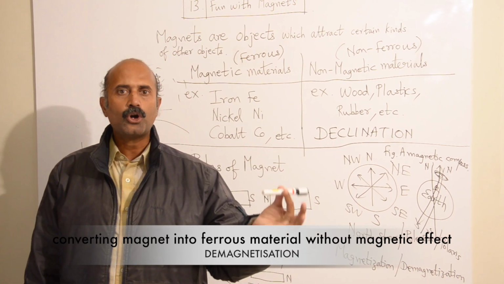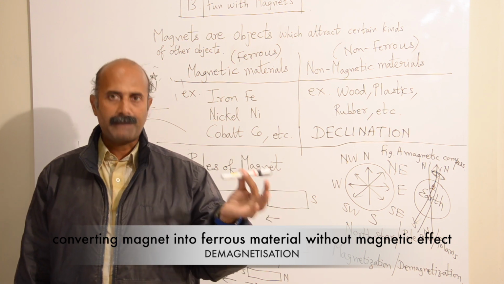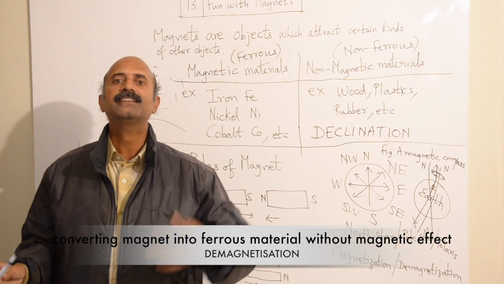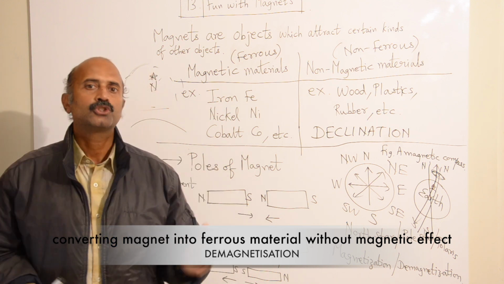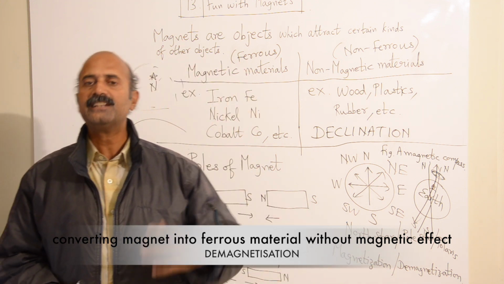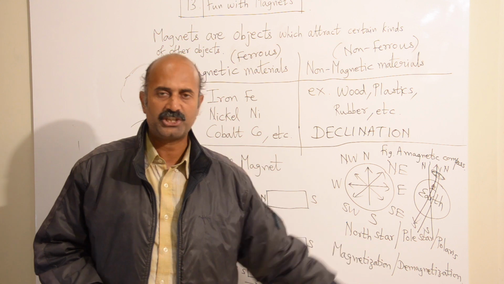And the process of converting the magnet back into a normal ferrous material without the magnetic effect is known as demagnetization. So yes, we can magnetize and demagnetize ferrous materials accordingly.